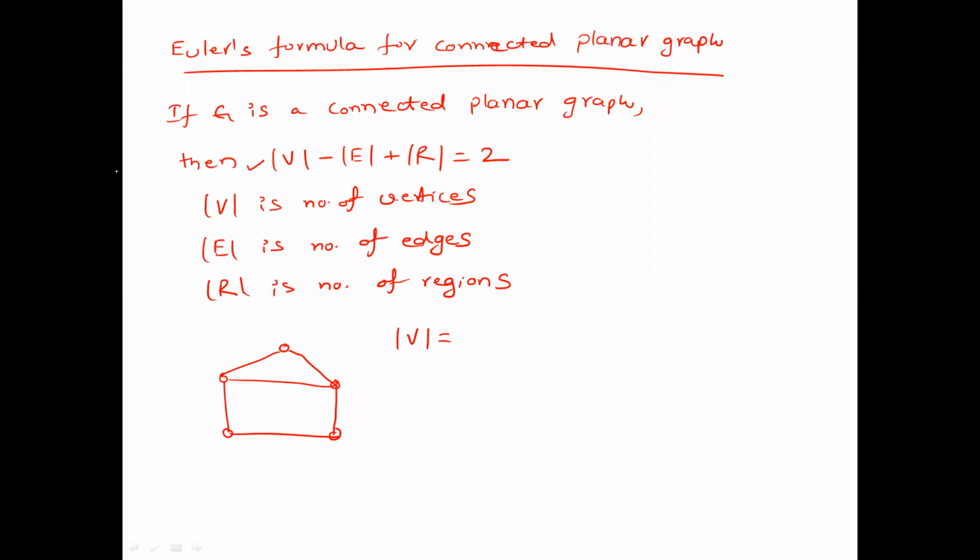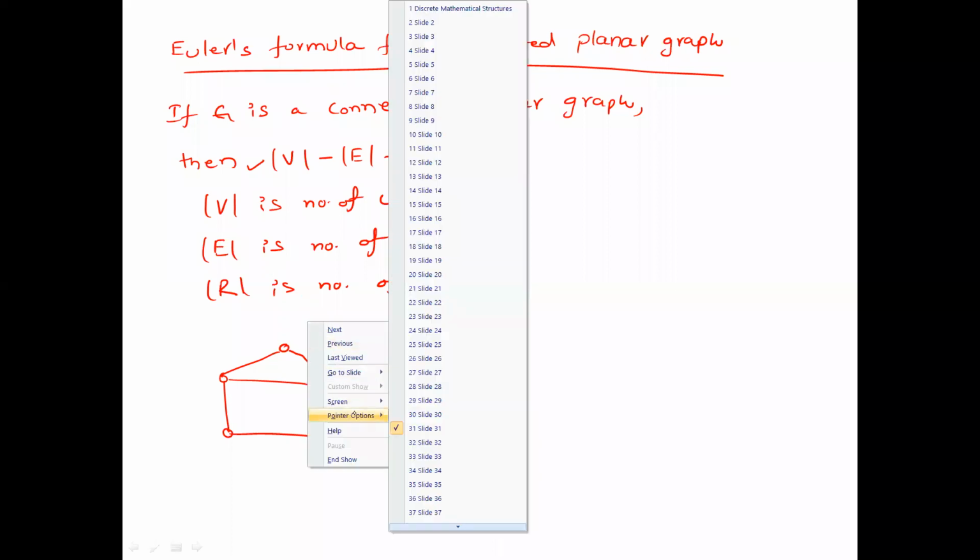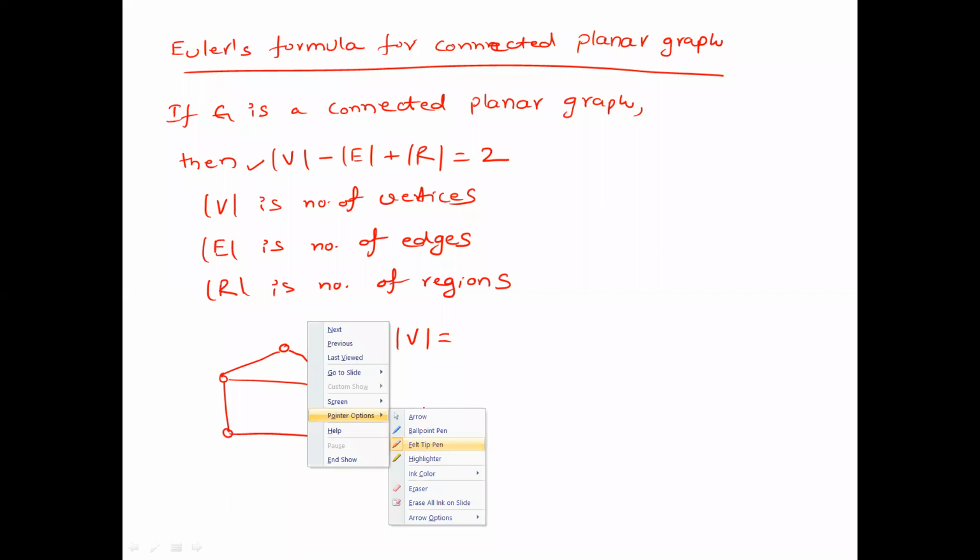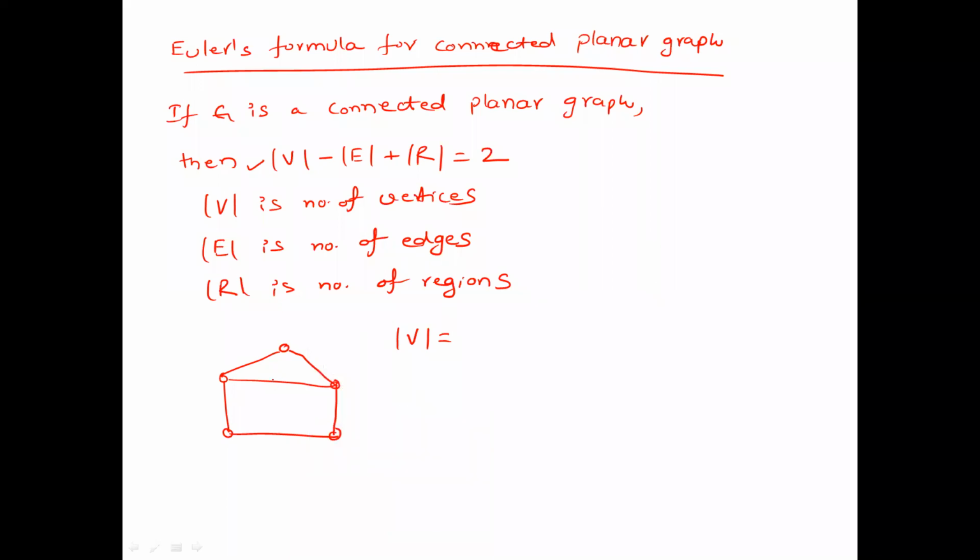So how many vertices are there in this graph? 5 vertices. How many edges are there? 1, 2, 3, 4, 5, 6, right?